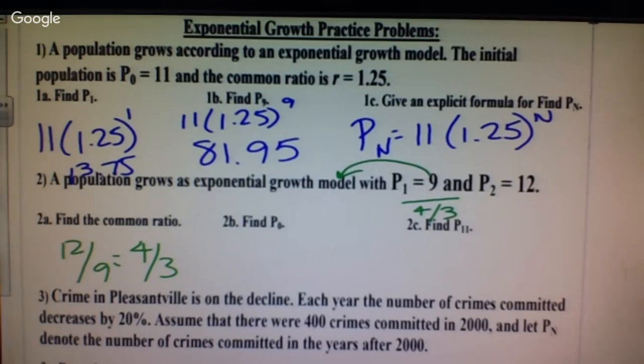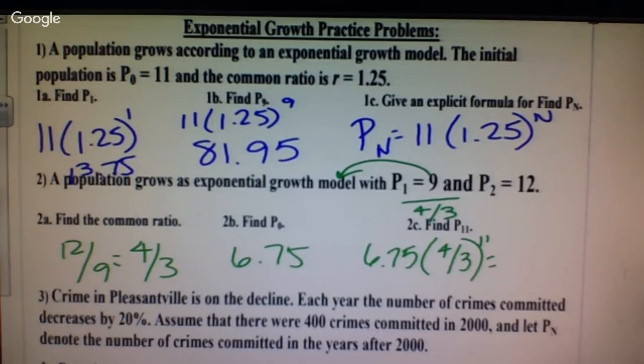So 9 divided by 4/3 will give you your P sub 0. 6.75. So now we can write our equation. 6.75 times 4/3, and they want P sub 11, so we raise it to the 11th power.